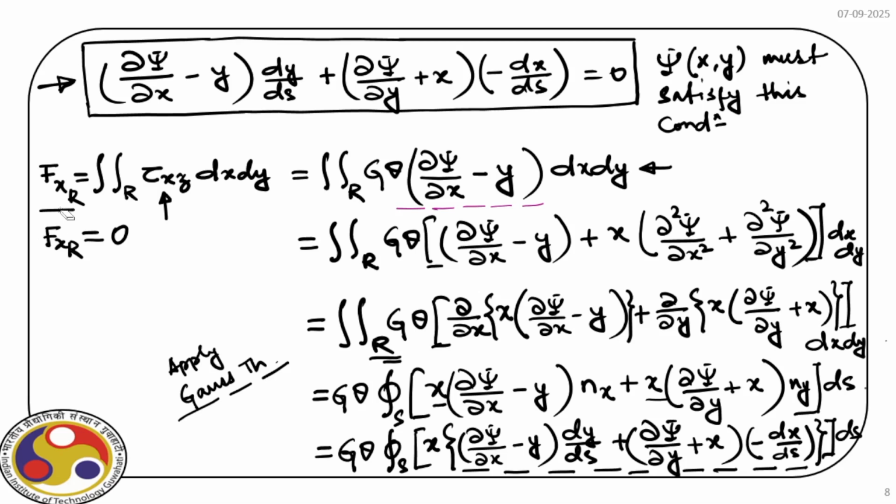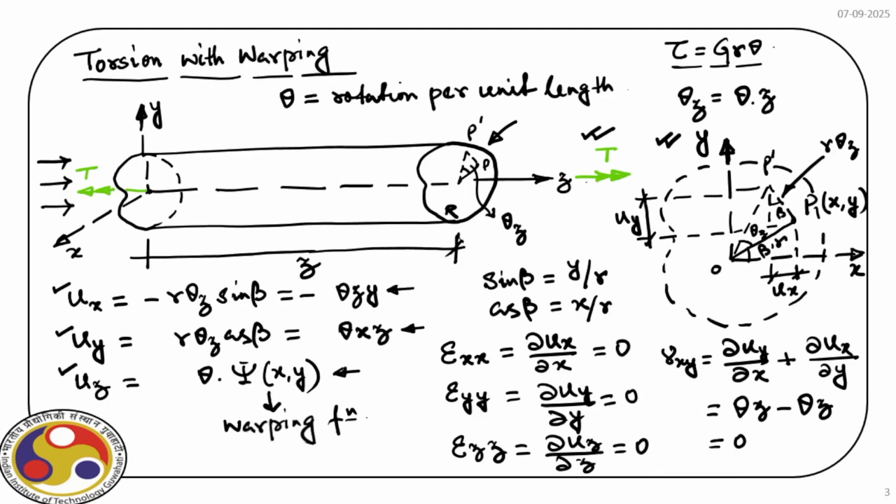So this is another important thing, and it actually satisfies the physics because we never applied any resultant force at the end except the torsion. So over this section, we never applied any force along x direction except this torsion here, capital T. And that is what we get from the derivation here.